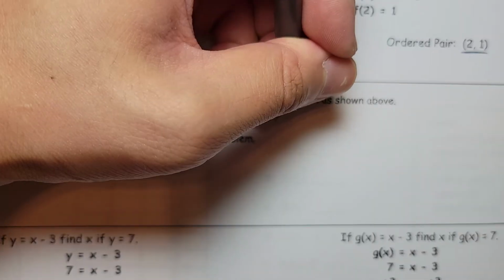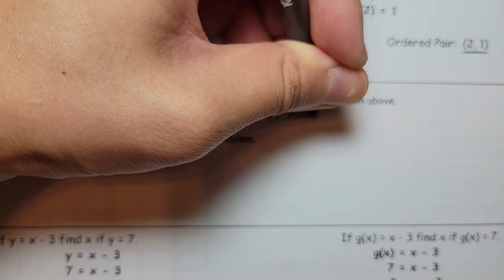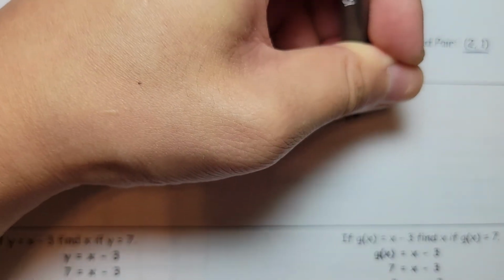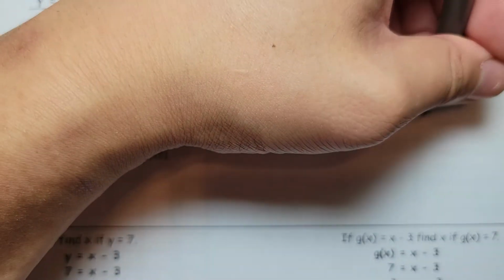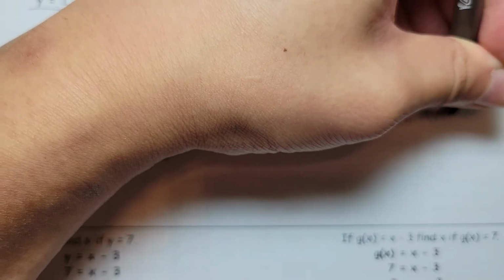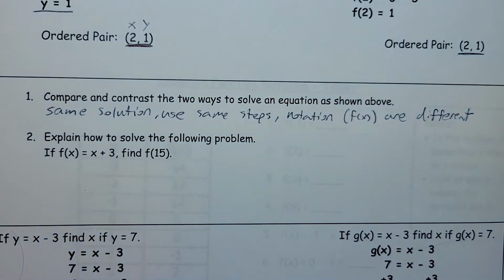But the notations are different. So, explain how to solve the following problem. If f of x equals x plus 3, find f of 15.